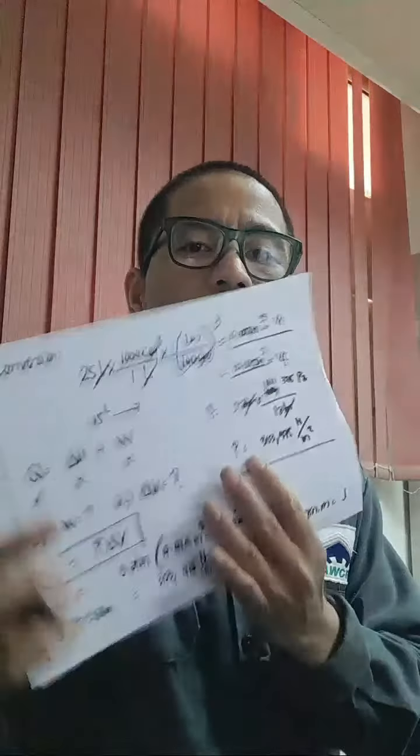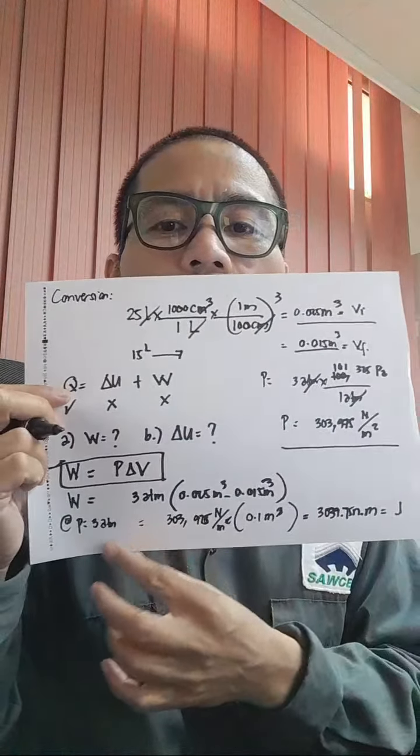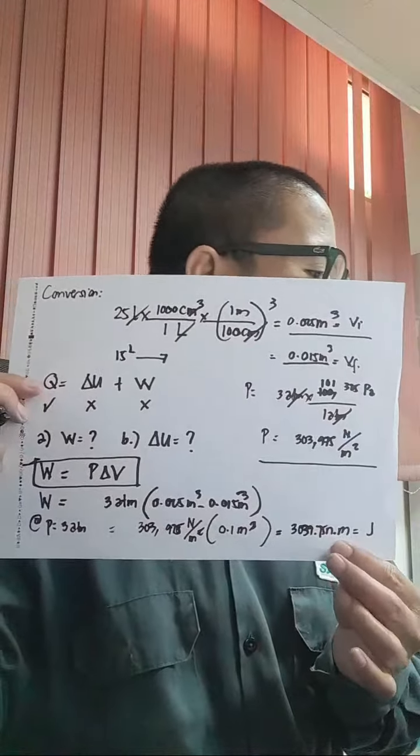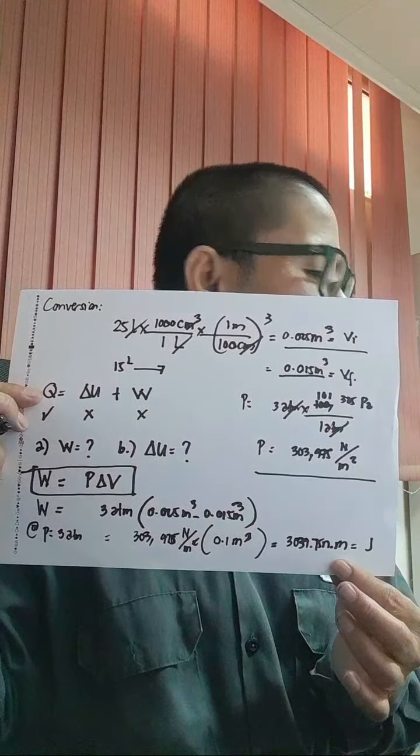So 0.025 minus 0.015 times 303,975 is equal to 3,039.75 joules.